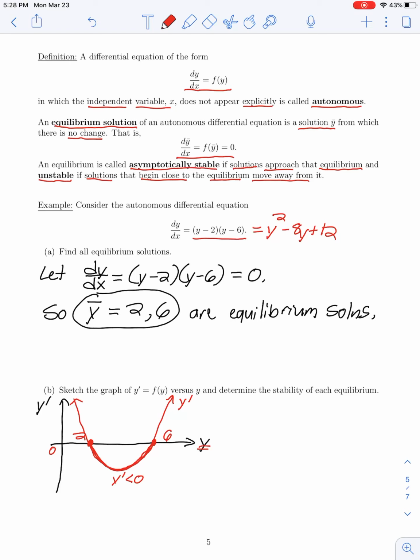That's what it means for a function to decrease. So along my horizontal axis, or the y-axis, that means y is decreasing. So I'm going to indicate that by drawing little right to left arrows on the y-axis. We're moving from larger values to smaller values.